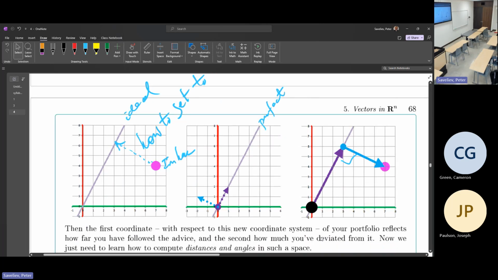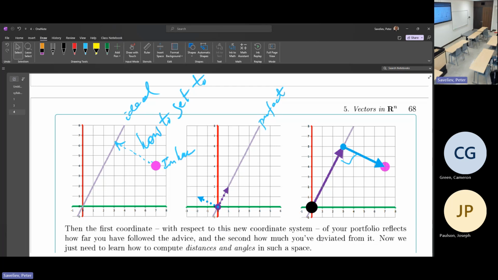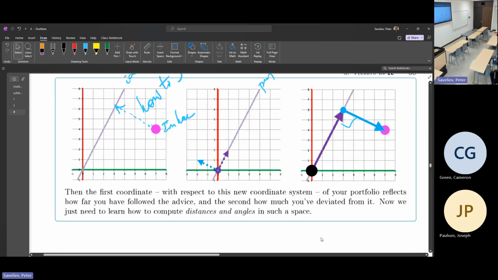How do I get to the perfect portfolio? And the answer is I go perpendicularly towards it, and that's why the decomposition of our vectors makes sense, with one vector going along the perfect line, the purple one, and the other one perpendicular. That is the blue one.